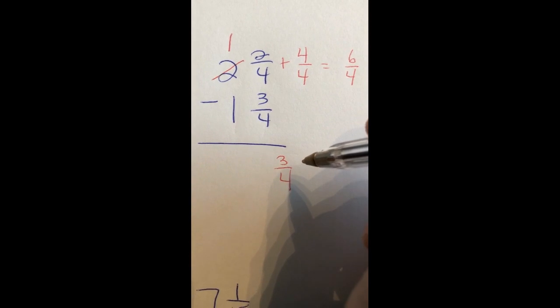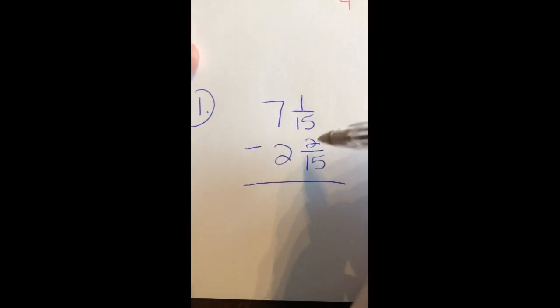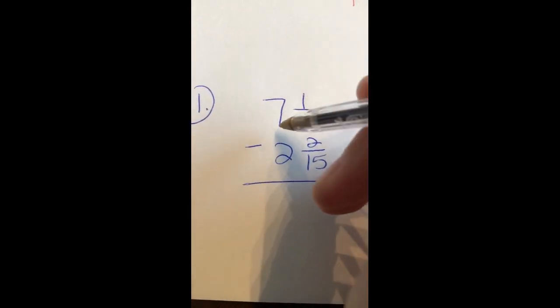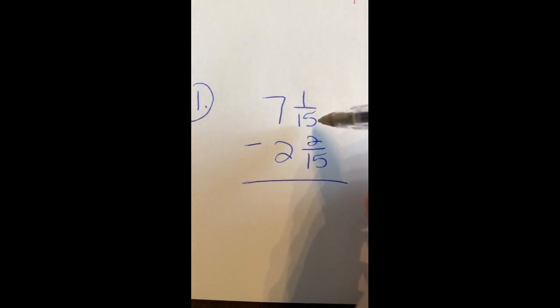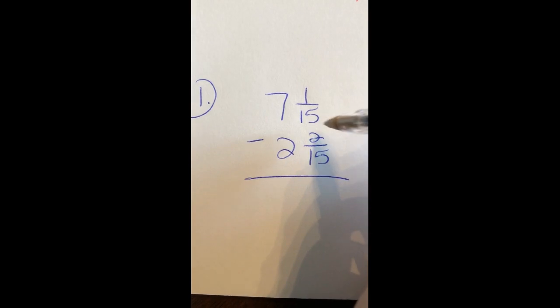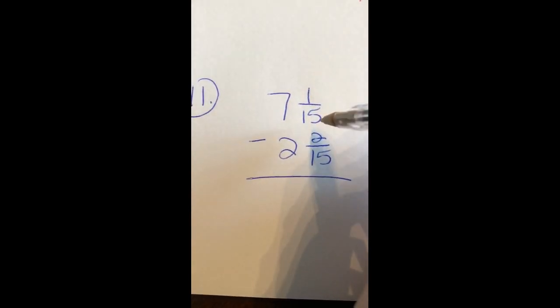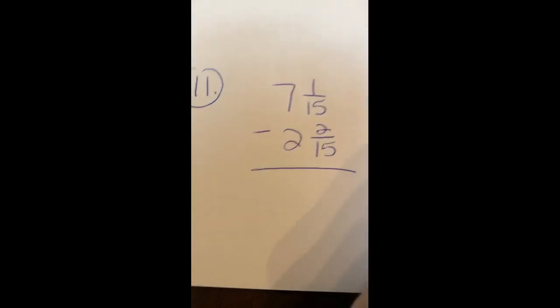Last problem we're going to do together today is number 11. Please write on your paper 7 and 1/15 minus 2 and 2/15. Again, 7 and 1/15 minus 2 and 2/15.